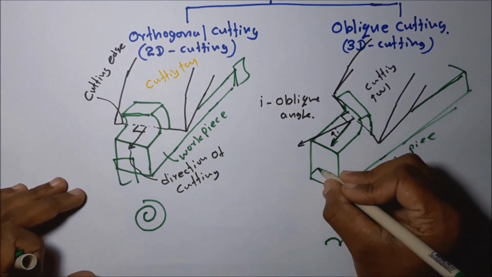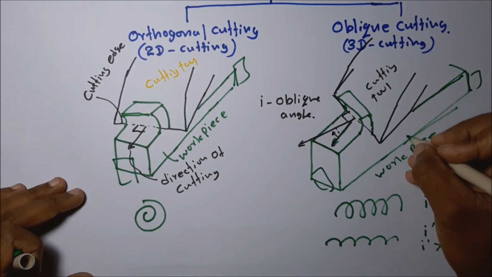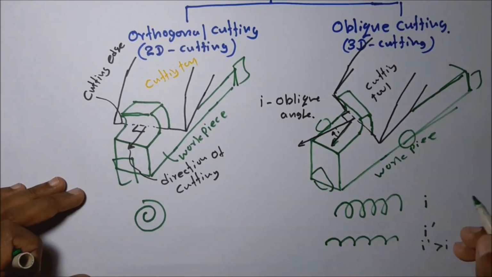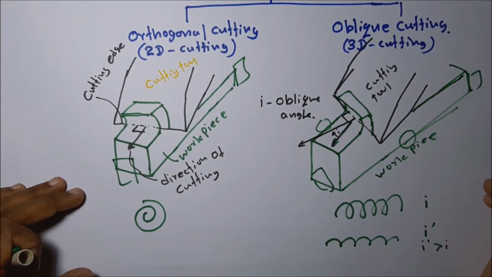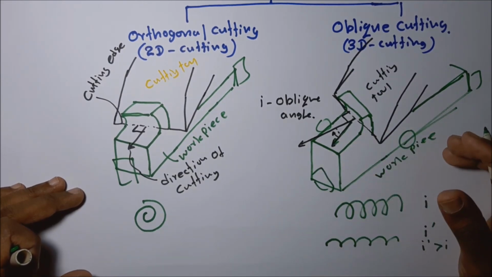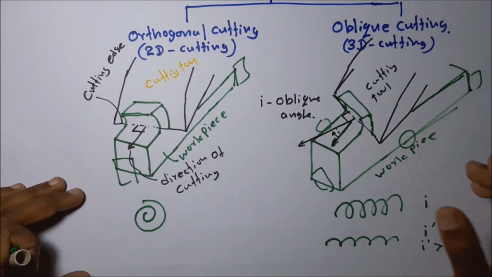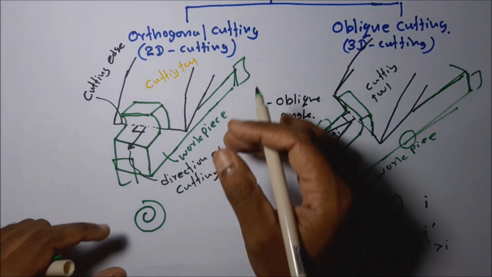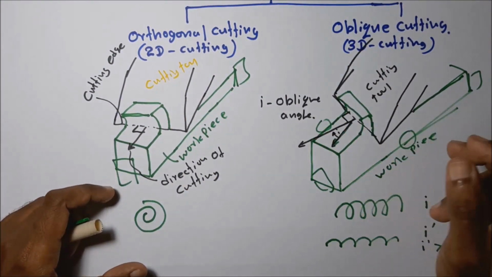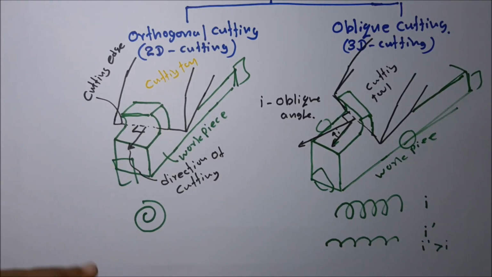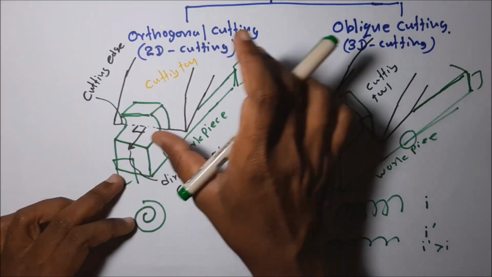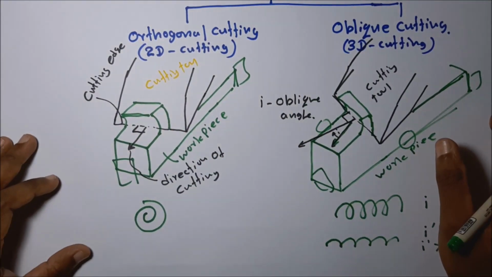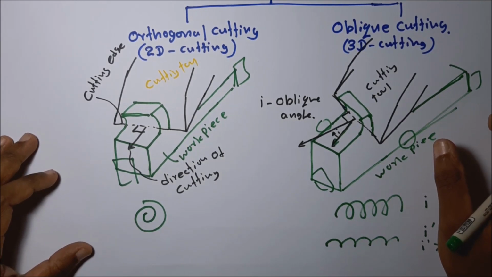But in the oblique situation, we have to consider the fixtures in three dimensions when giving support for mounting the workpiece on the table of the machine tool. In orthogonal cutting, it is enough to give two-dimensional plane support.